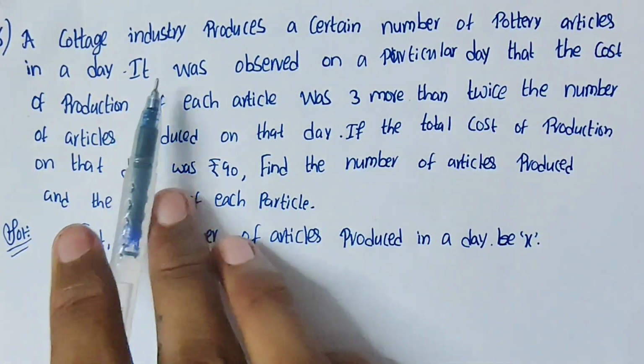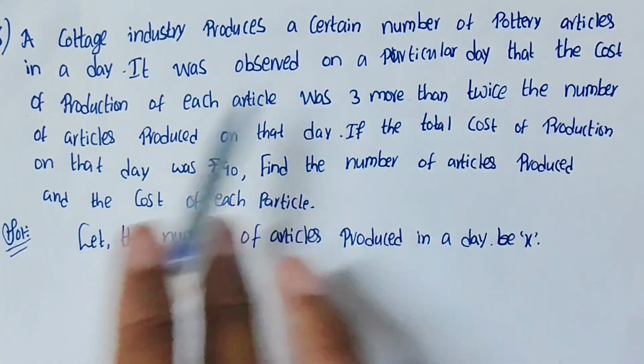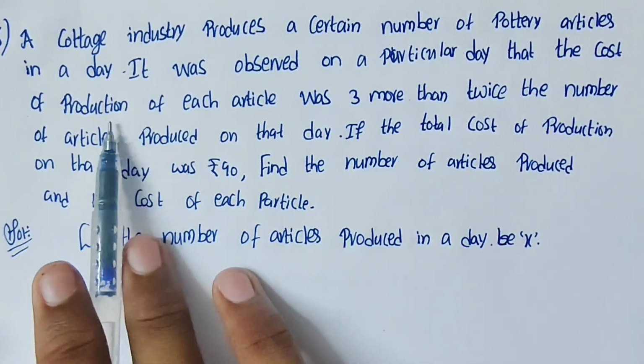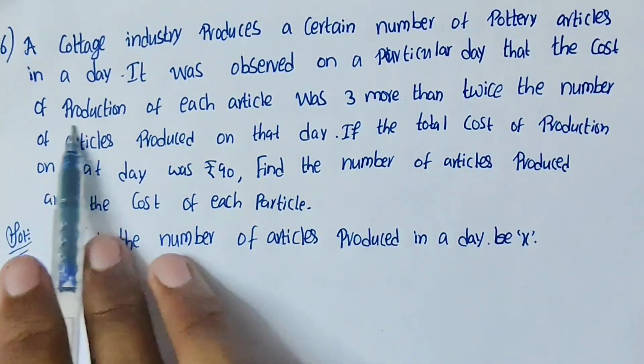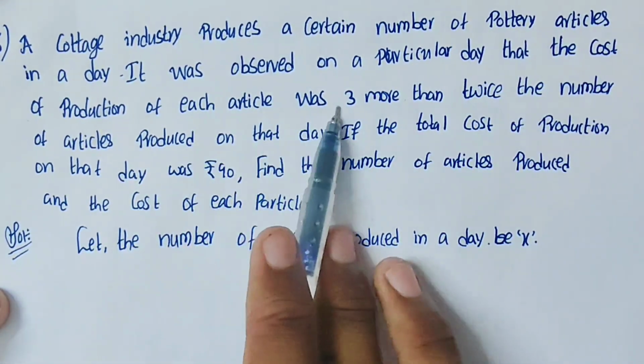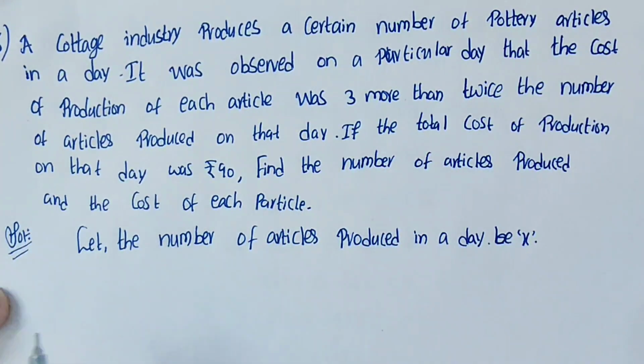Now, it was observed on a particular day that the cost of production of each article was 3 more than twice the number of articles.